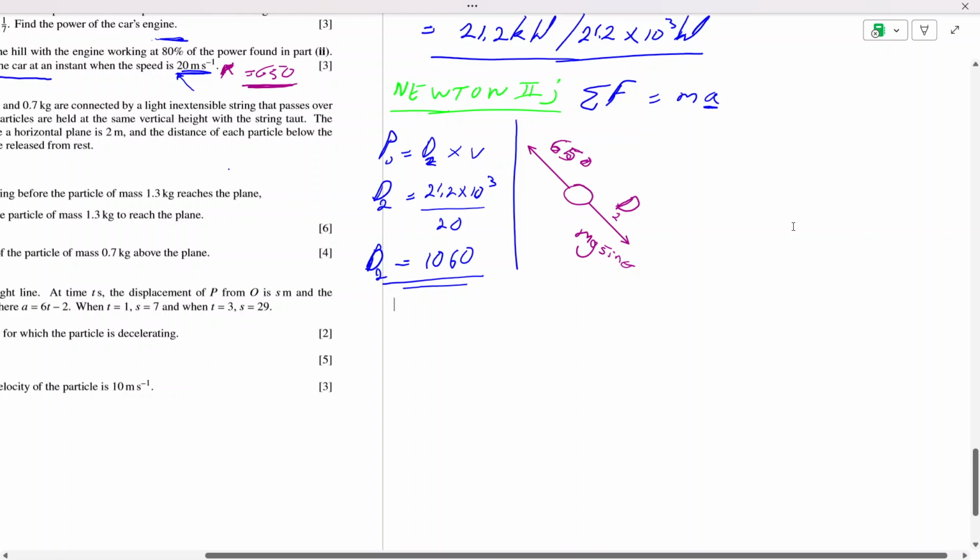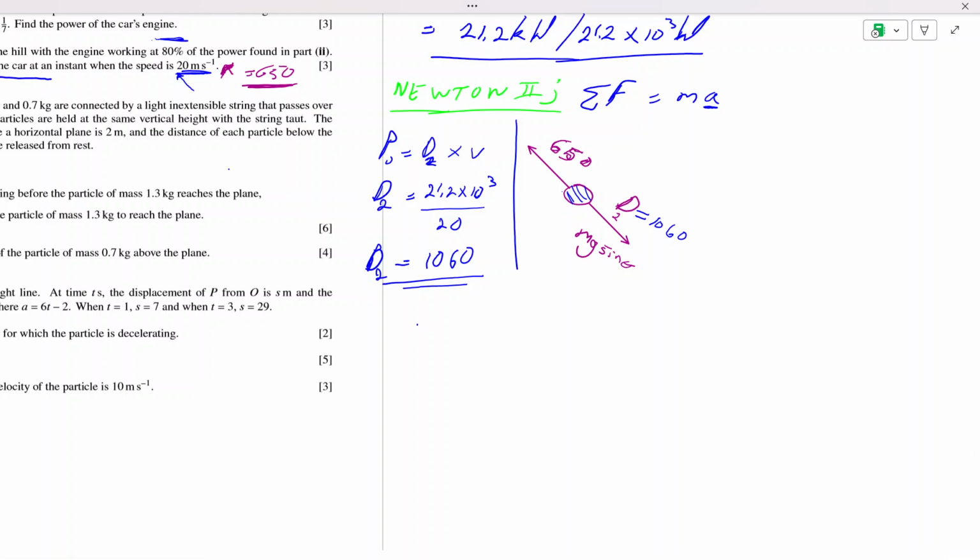How does it come into place? We know that D2 is equal to 1060. So the resultant of the forces acting on the car is now giving us an acceleration, since the question tells us there's an acceleration. So we say 1060 plus mg sine theta minus 650 is giving us an acceleration now, which we need to find.